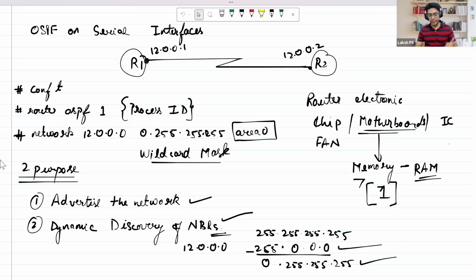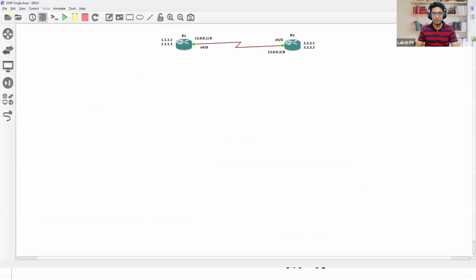It can be a serial interface, an Ethernet interface, or a loopback IP interface. This configuration and the purpose of the network command stay true for all the interfaces. Where is the difference? Today we'll see that difference when we do the practical.